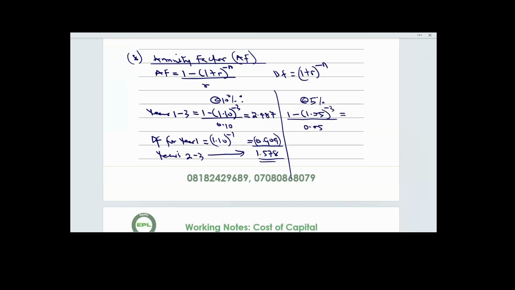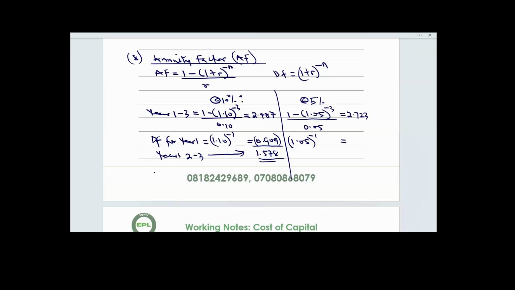That gives 2.723. Then the discount factor for year 1 at 5% will be 1.05 raised to power minus 1.